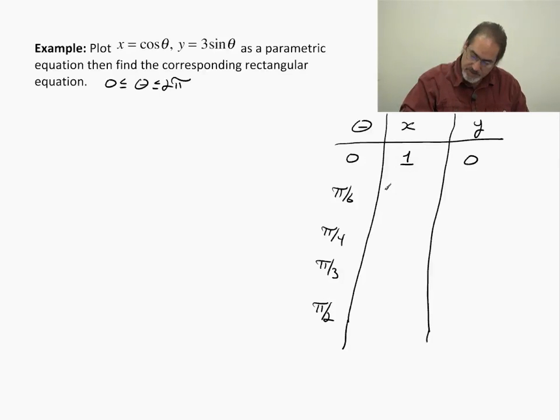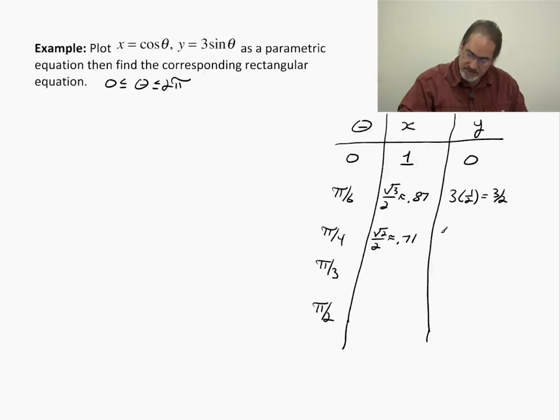Now, at pi over 6, I'm going to have x equal to root 3 over 2, which is approximately 0.87, and y is 3 times a half, which is 3 halves. At pi over 4, I'll have root 2 over 2, which is approximately 0.71, and for y, I'm going to have 3 times root 2 over 2, which is approximately 2.12.